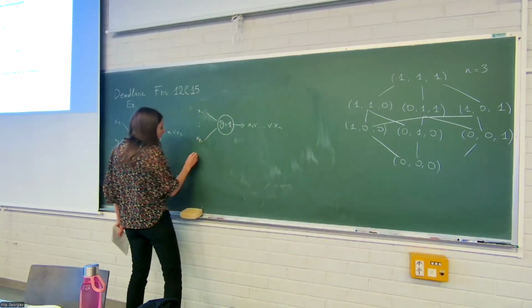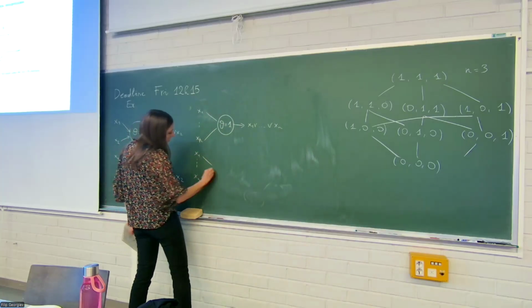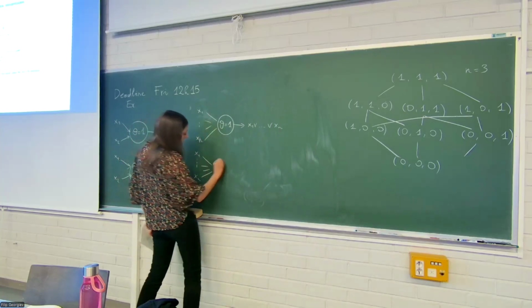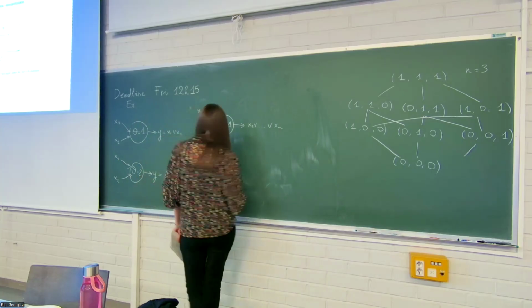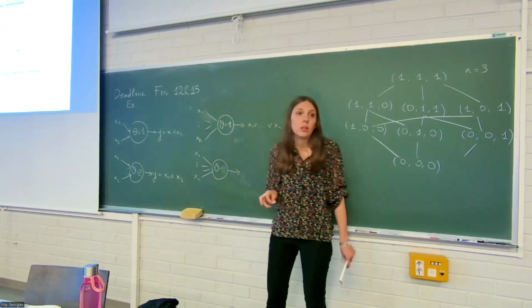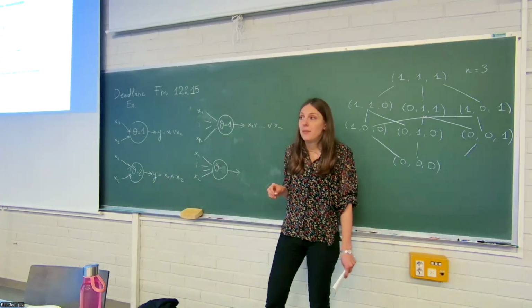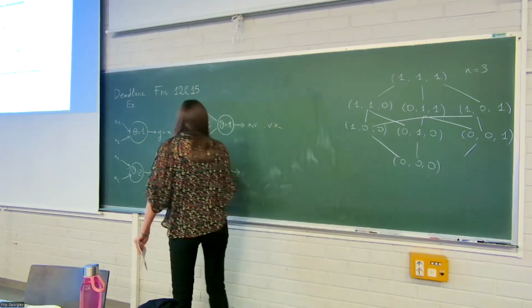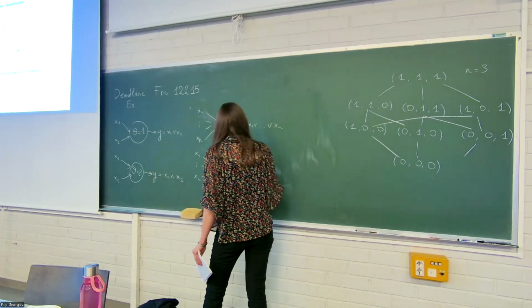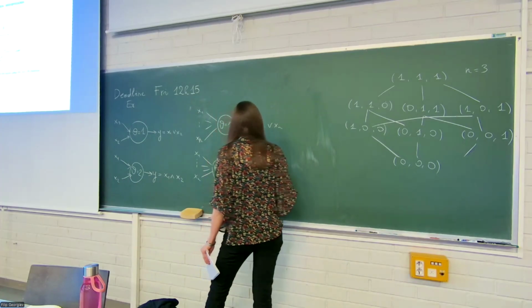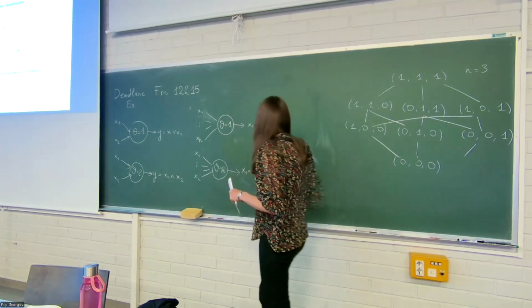And here I can do a big AND. What should I put here as a threshold? So this is x1 and xn.